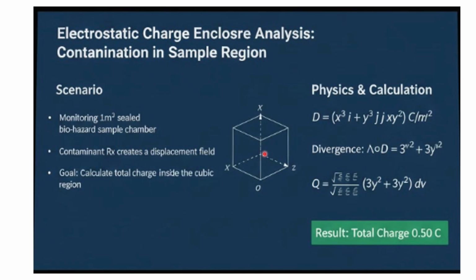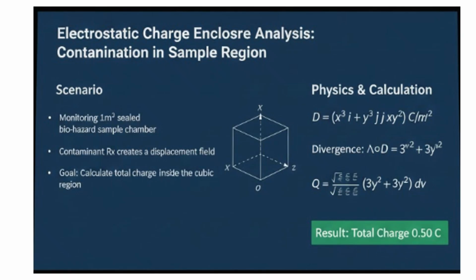So how will we find the charge density rho? You can find rho with the help of the divergence of D. Once we get the charge density rho, after that it is very easy to calculate the total charge, because you can integrate rho into dV, then you can get it. So we are going to use this formula, and finally your answer is 0.5, right?